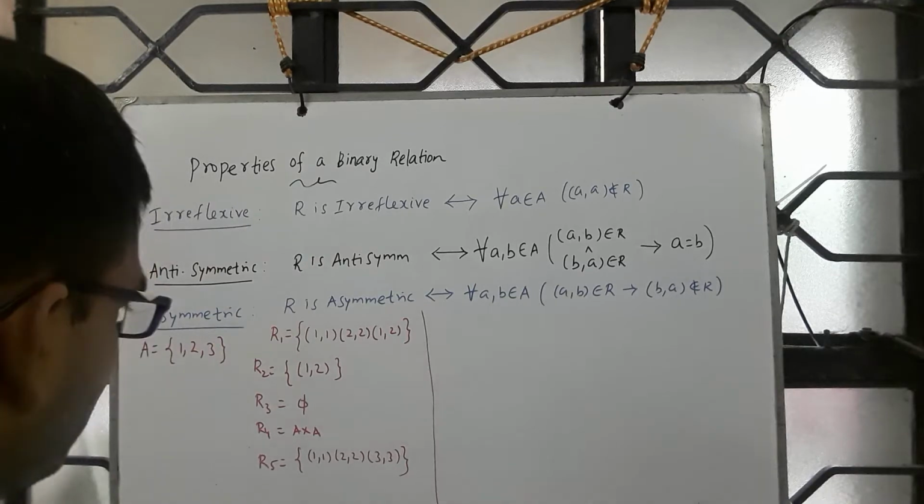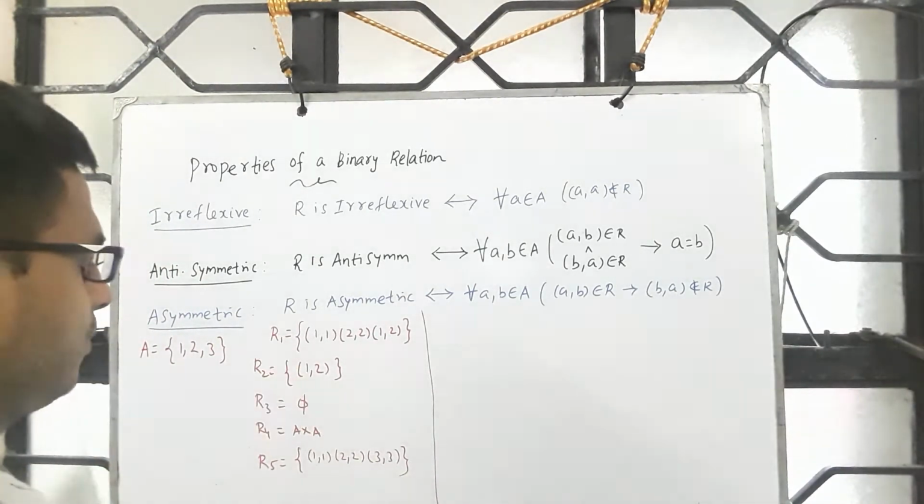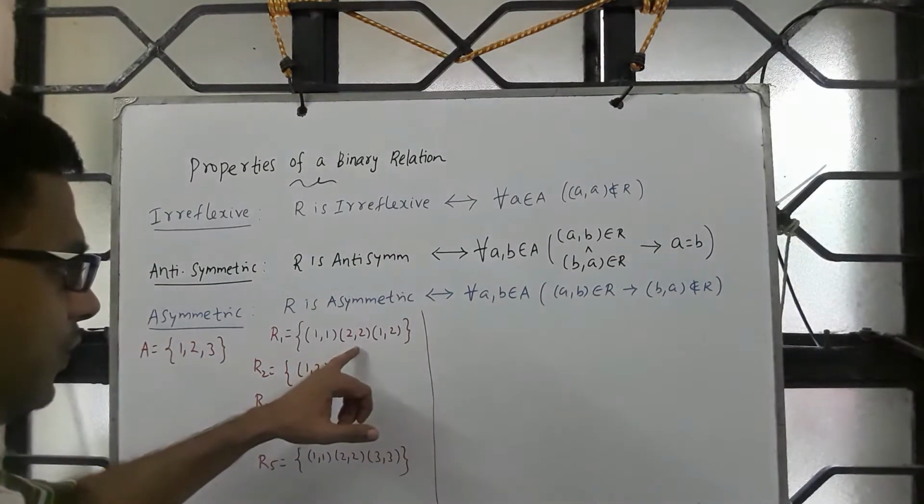So let's look at R1. R1 is (1,1), (2,2), (1,2).